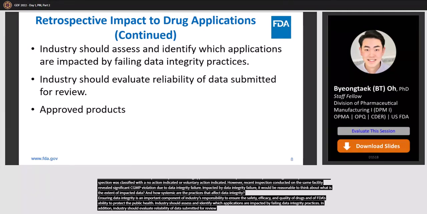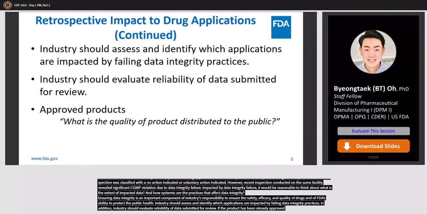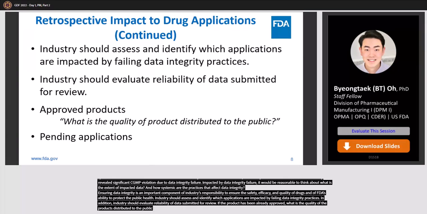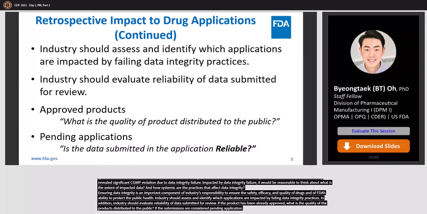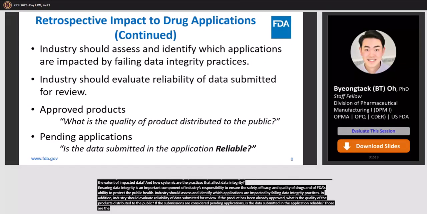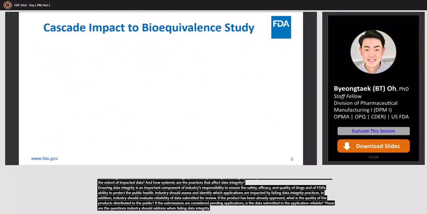If the products have already been approved, what is the quality of the drug products distributed to the public? If the regulatory submissions are considered pending applications, is the data submitted in the application reliable? Those are the questions the industry should address when failing data integrity practices are found.